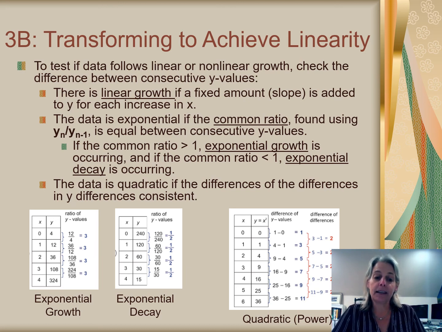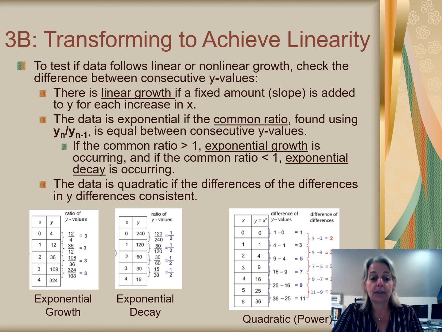But in an exponential model, you might remember from your algebra classes that when you have exponential growth, the ratio of the y values has a constant rate of change. In other words, if I look at the x values and I take the second y term and divide it by the first y term, so 12 divided by 4, I get 3.